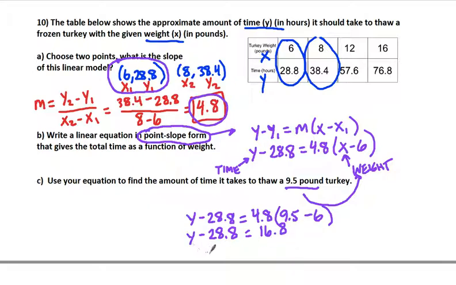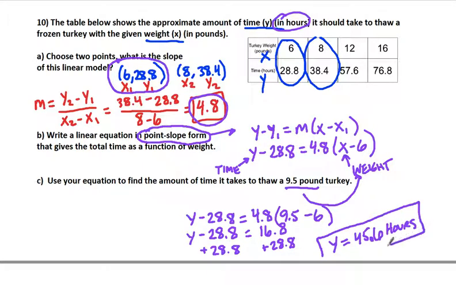Now we're trying to get y all by itself, so we have to add 28.8 over to this side. So 16.8 plus 28.8 is 45.6. Now remember, what does y represent? Y represents time. Time is in hours. So it is going to take 45.6 hours to thaw that turkey. Okay? That's a big turkey.